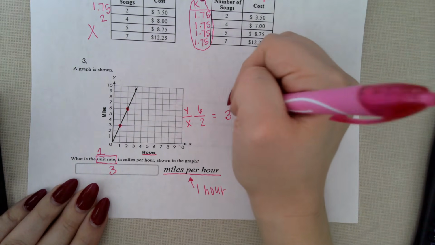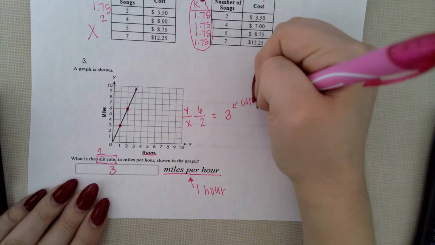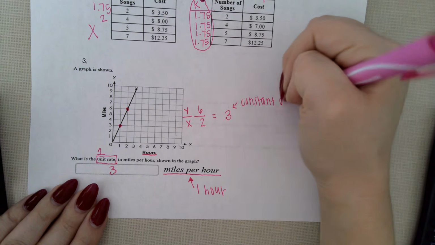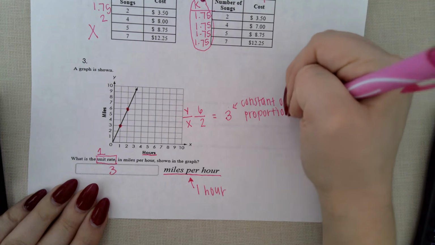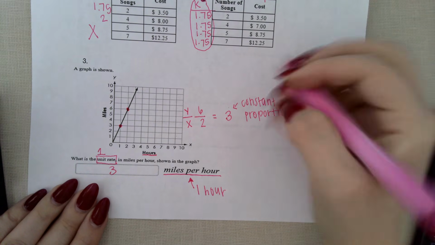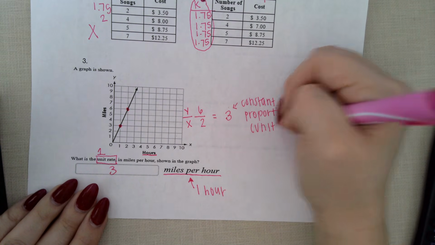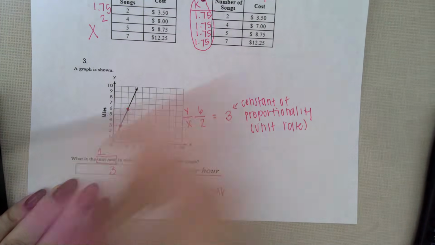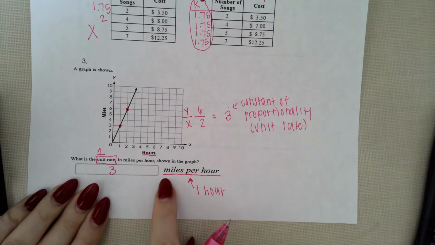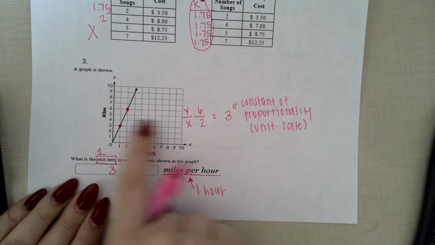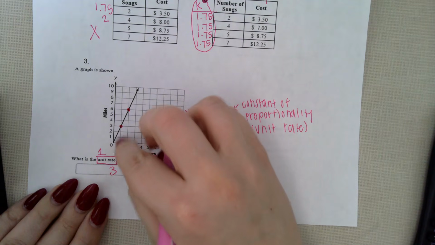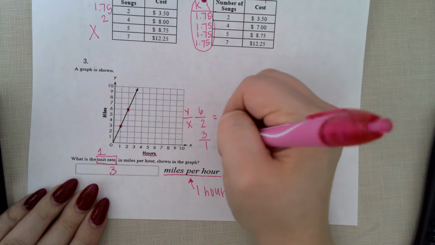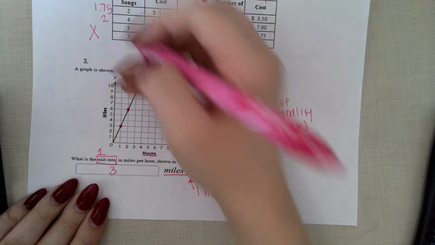And my constant of proportionality is also known as my unit rate. So my unit rate for miles per hour is 6 divided by 2, or I could do 3 divided by 1. Each time I get 3. Is there another point?